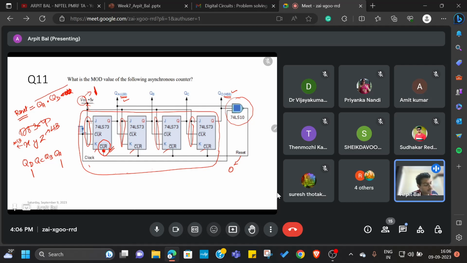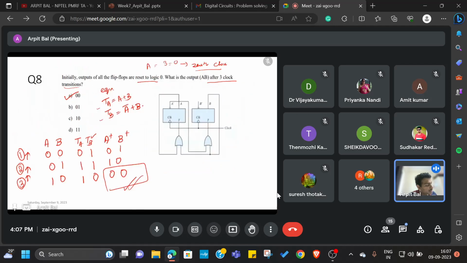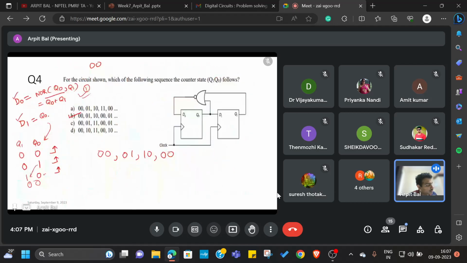Then the next thing is to observe at what instant it toggles. This first flip-flop is going to toggle each time there is a change in clock from high to low. And the second one toggles whenever the Q output of the first flip-flop changes from high to low, just like we made an observation in the beginning, in one of the questions.